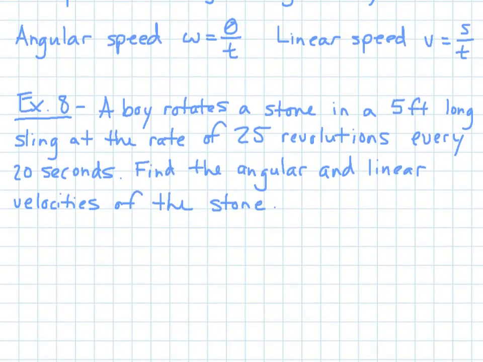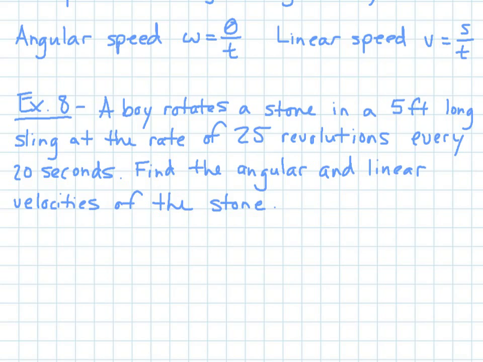So example 8 says a boy rotates a stone in a 5-foot long sling at the rate of 25 revolutions every 20 seconds. Find the angular and linear velocities of the stone.